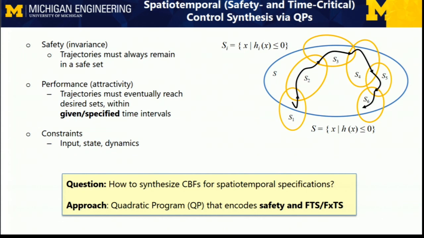How can we synthesize control barrier functions if we are given a set of spatiotemporal specifications? Then the natural answer would be, why don't you try to formulate a quadratic program that encodes safety, as people have already encoded it, and convergence within some given time for reaching your set within the time specifications that you have in your problem.